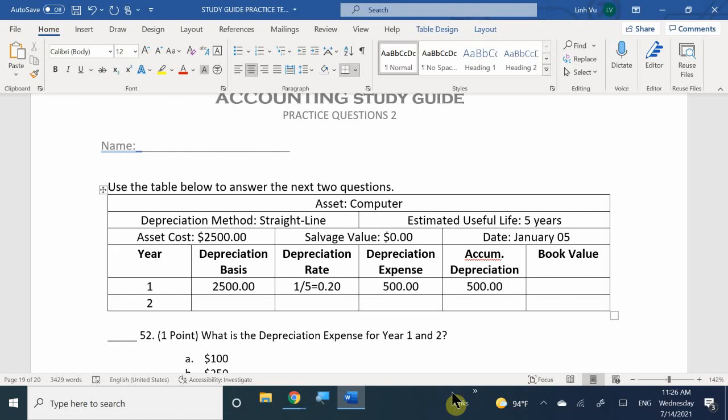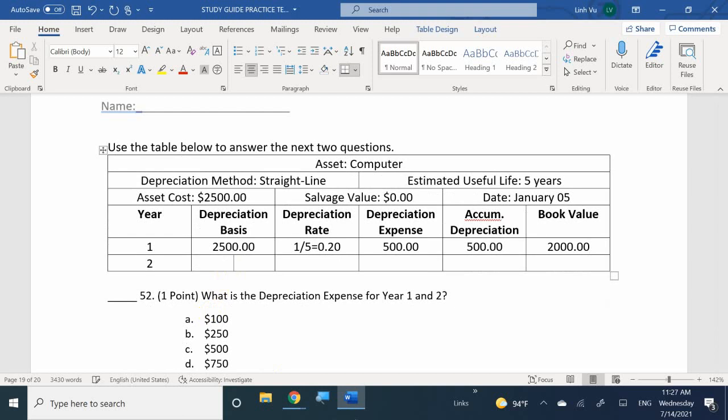However, what's my book value going to be on the first year? $2,000. You're going to take your asset cost minus accumulated depreciation to give you 2,000. Okay? What about year 2? Since we'll just finish off the table. What's my depreciation basis going to be? Same.